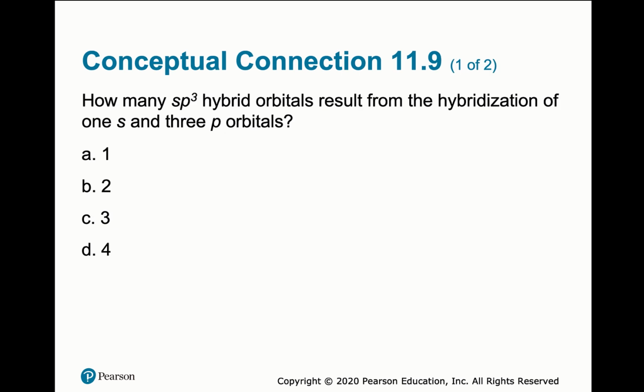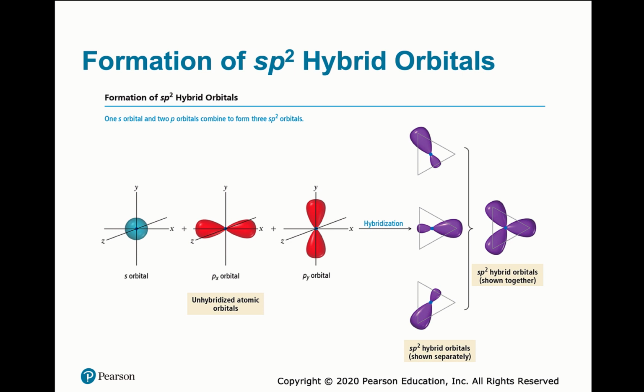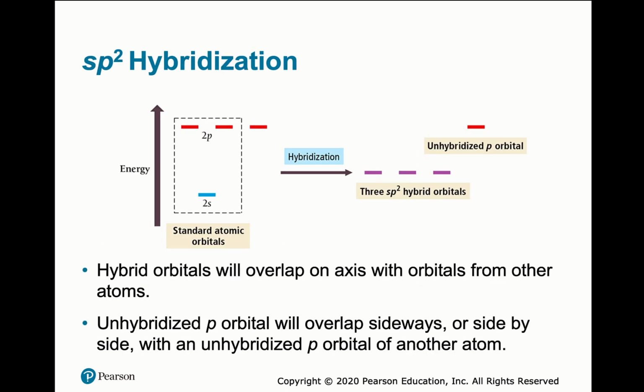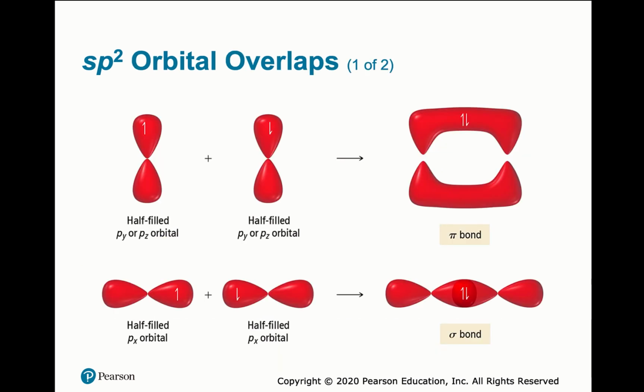So how many sp3 hybrid orbitals result from the hybridization of one s and 3 p orbitals? That means there's 4. So sp2, you have the planar geometry here, and they combine to form the planar sp2 orbitals, all 120 degrees from each other. And that leaves one empty atomic orbital. So when you hybridize one s and 2 p's, you leave an empty p atomic orbital.